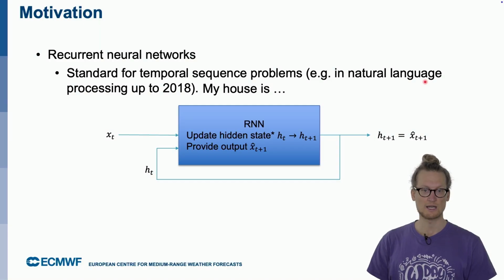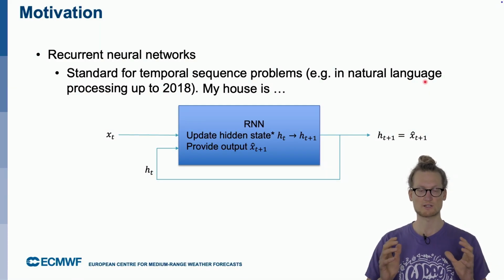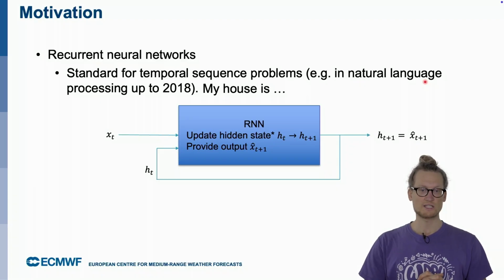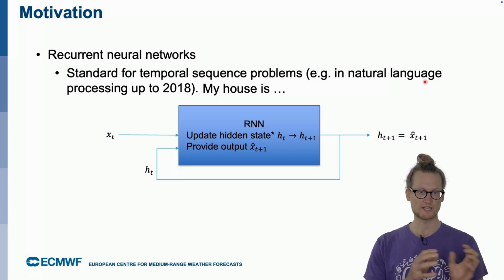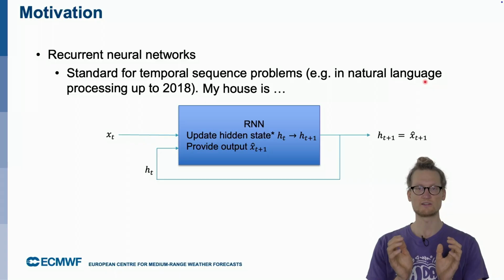The recurrent neural network, what you see here in blue, this blue box represents the recurrent neural network. It receives an input x in time step t, and this input is accumulated in the recurrent neural network.